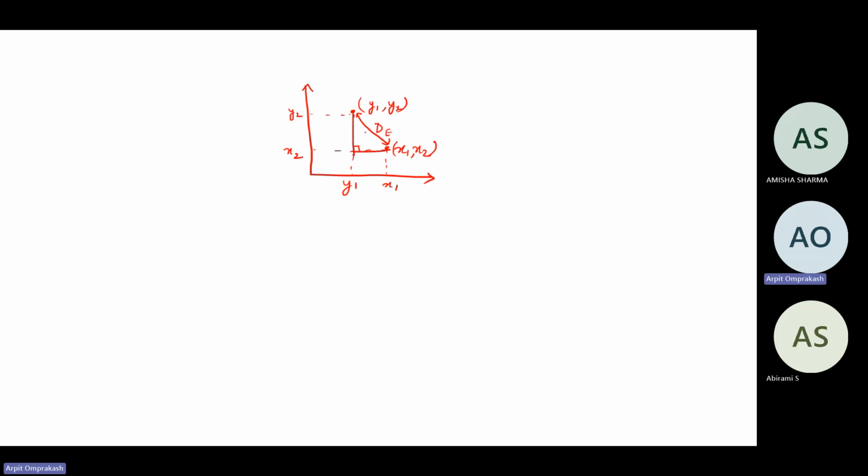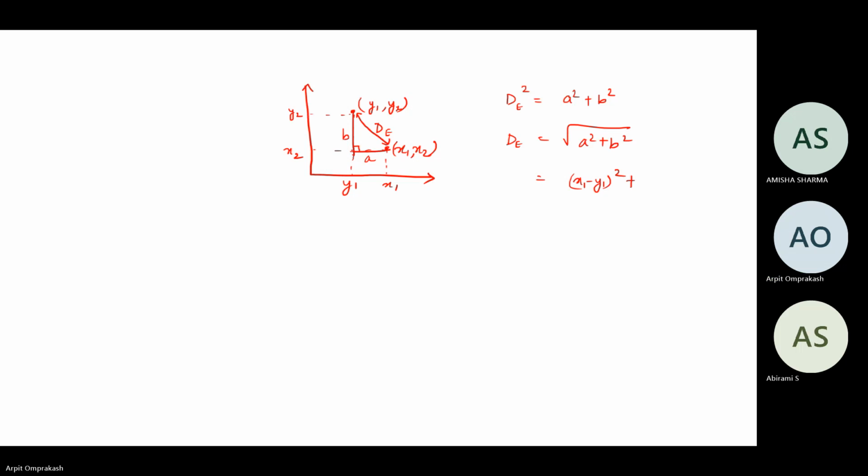So how can we get the hypotenuse? It will be the square of, let's say, A plus the square of B. So DE square will be equal to A square plus B square, so DE will be equal to the square root of A square plus B square, right? And A here is x1 minus y1, whole square.